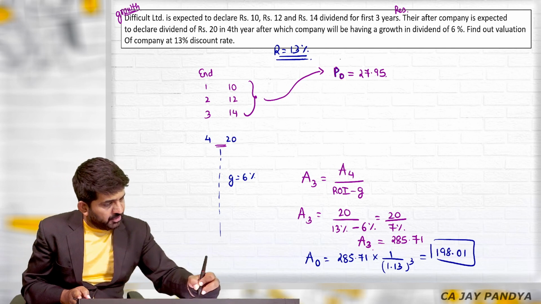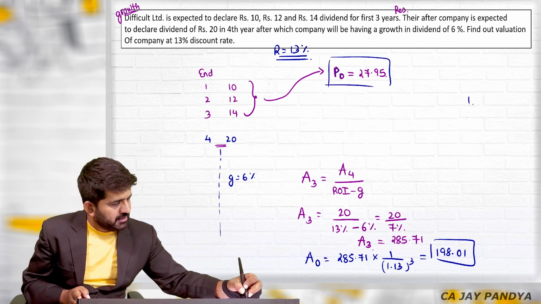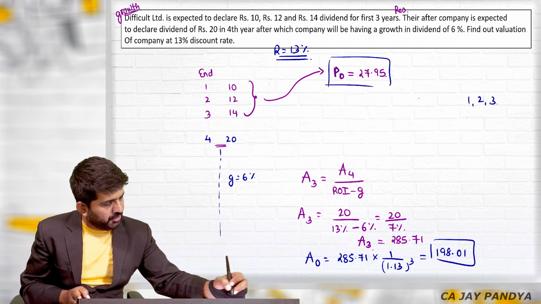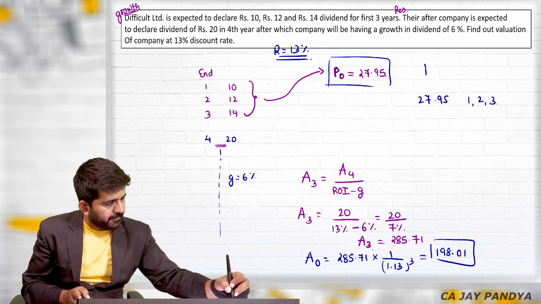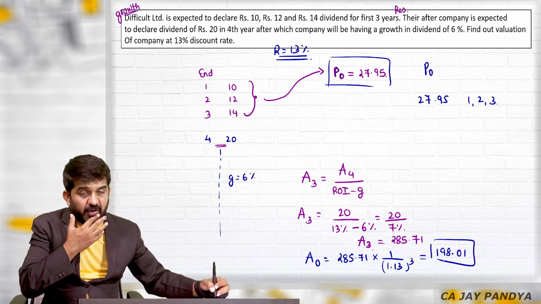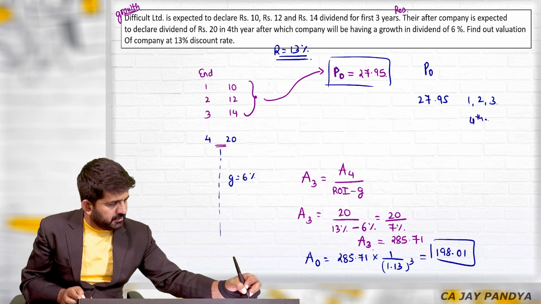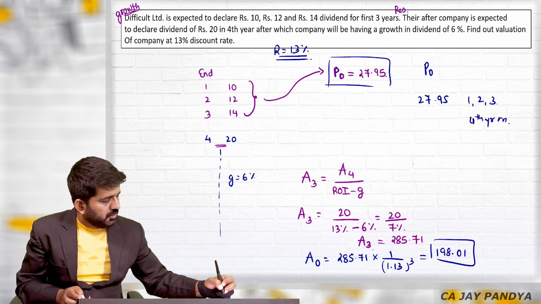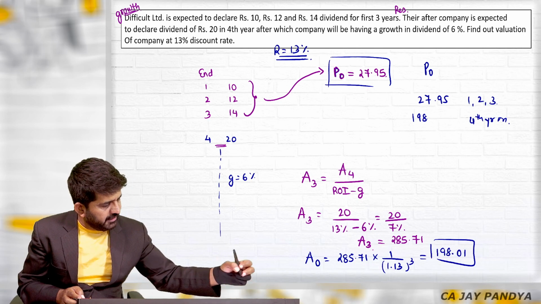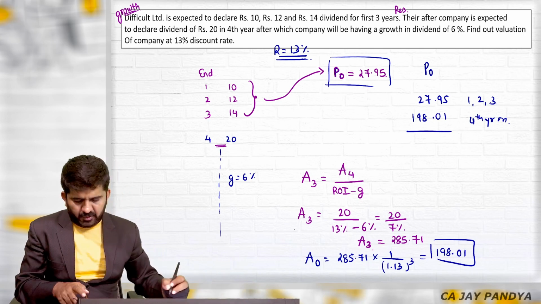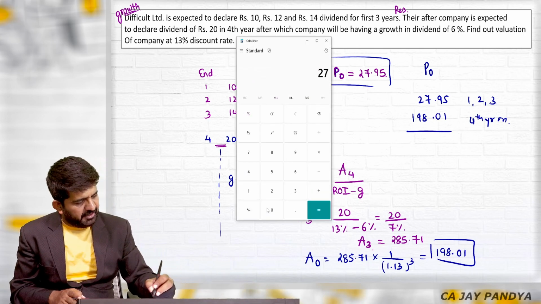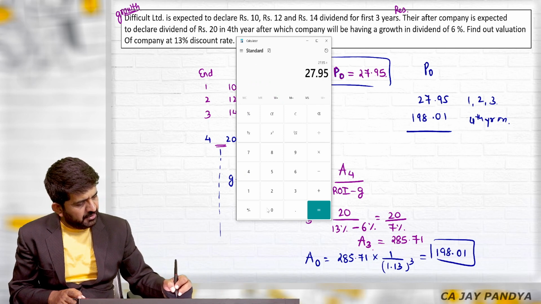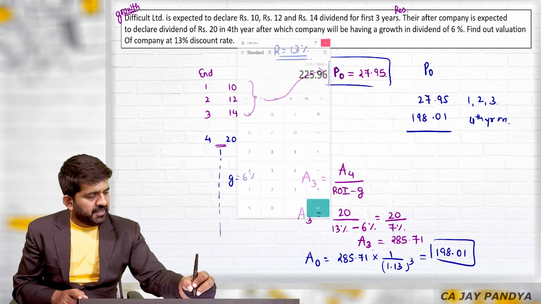Can I add these two figures? The answer is yes. For the first, second and third year, the valuation or present value is 27.95. And for the remaining 4th year onwards, the valuation is 198.01. The total valuation will be 27.95 plus 198.01, which is 225.96.